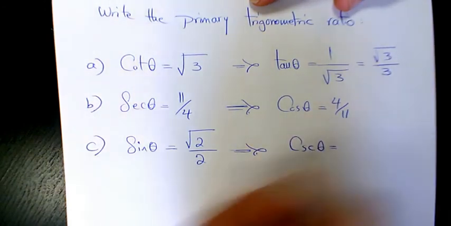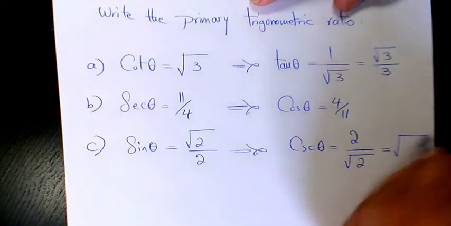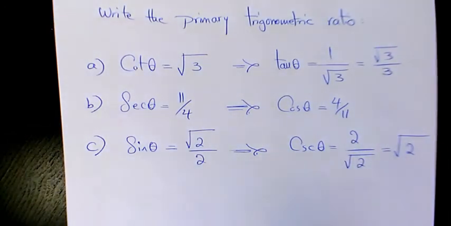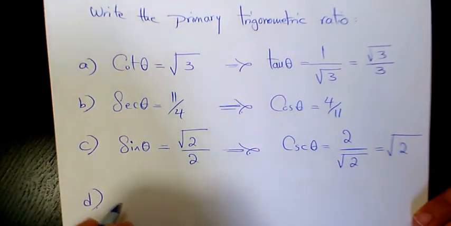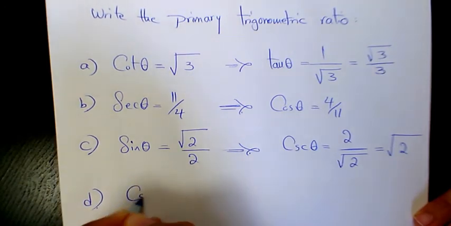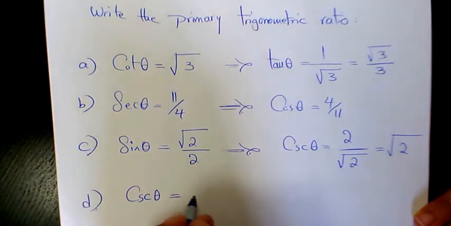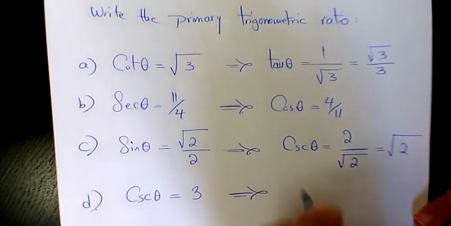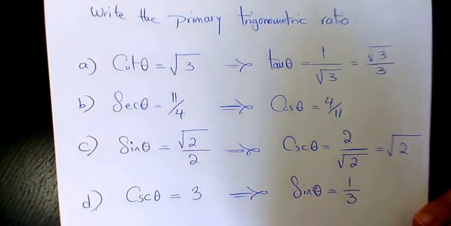Cosecant is going to be the inverse of it, which is 2 over √2, which when you simplify it is going to be √2. And the last one, cosecant theta is 3. Sine theta is going to be 1 over √3.